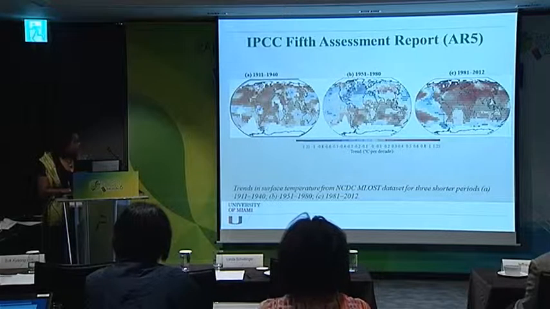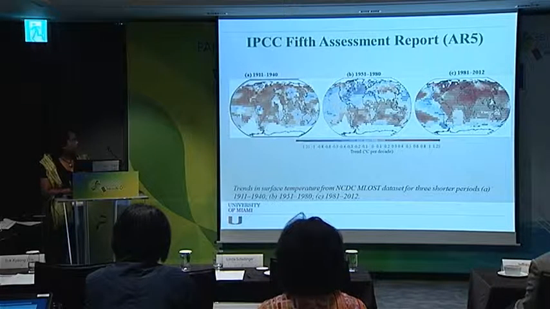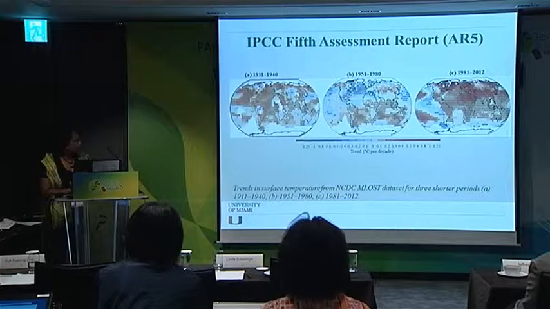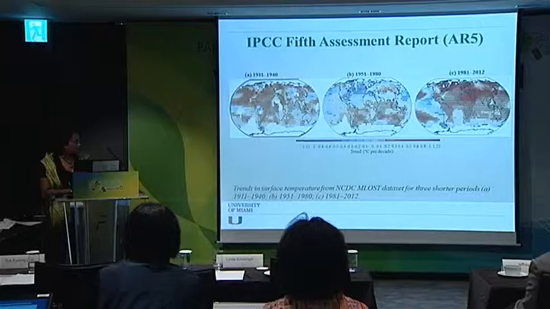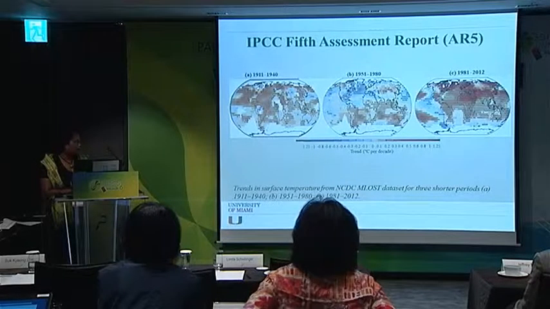This is the decadal level changes, spatial patterns and trends in temperature. One of the interesting things to notice is this is from 1911 to 1940, then 1951 to 80, 81 to 2012. These patterns are generated from the merged land-ocean surface temperature data set.